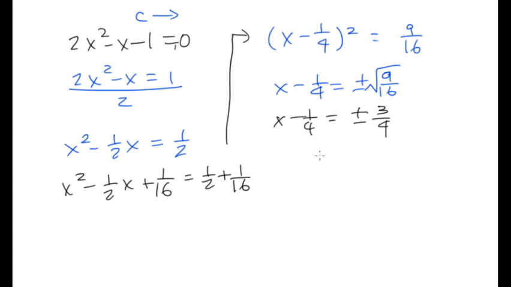So now when we add 1/4 to both sides, we're going to get x equals 1/4 plus or minus 3/4. So what are our solutions here? Well, if we do the 1/4 plus 3/4, we get x is 1, or if we do the minus thing, we get x is equal to negative 1/2.